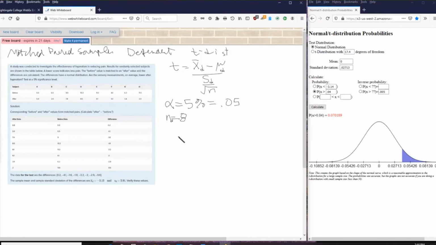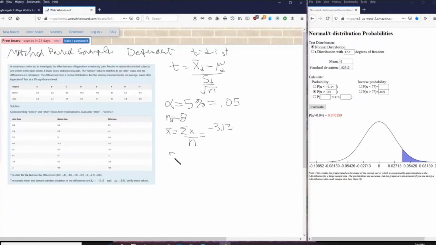Then I'm going to calculate the sample mean, which if you remember from Module 2 is the summation of the x values divided by the size of the sample. And that sample mean is going to be minus 3.13.